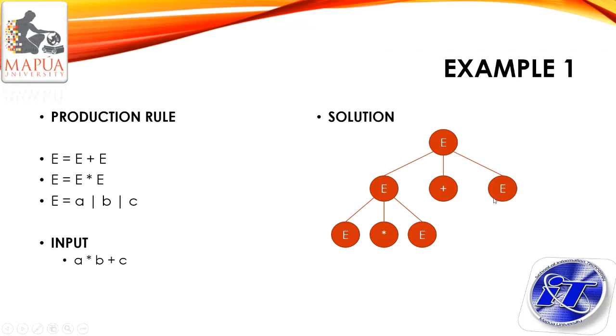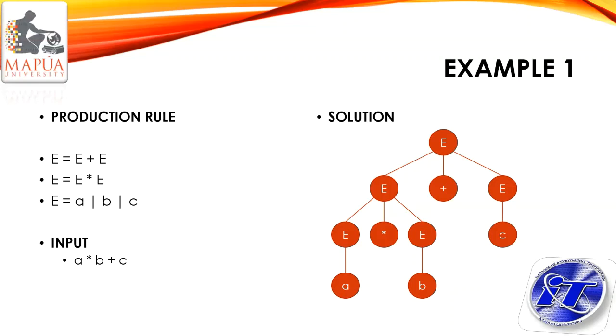The third E on the rightmost side could be replaced by C, the first E could be replaced by A, and the second E will be replaced by B. Reading from left to right, A times B plus C, we obtain the desired input. So this is the correct derivation tree or parse tree.